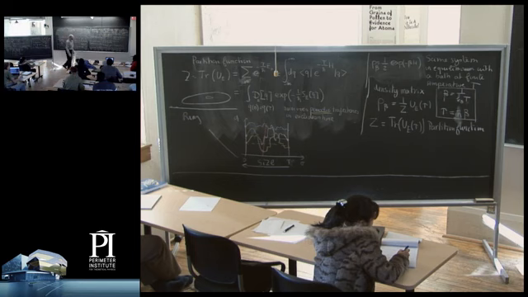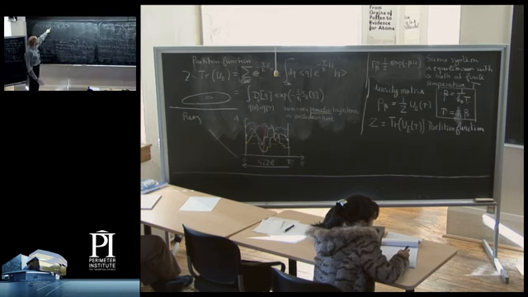Okay? In quantum mechanics, what is a time-ordered product? It's simply, for instance, the product of two position operators of your harmonic oscillator at two different times. So this is the time-ordered product.